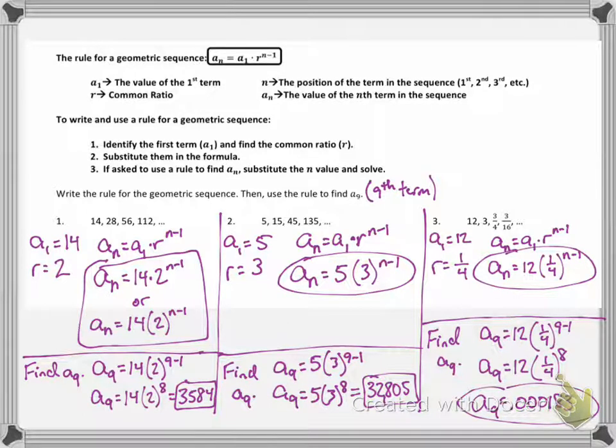That just means wherever that decimal is, if it tells you E negative 4, it means 10 to the negative 4th. You move the decimal point back 4 places. That would be your rounded answer. So, a very, very small term. And they continue to get smaller and smaller as the exponents go up. But again, that's how you write a rule for a geometric sequence and how you use the rule to find any random term that you want.